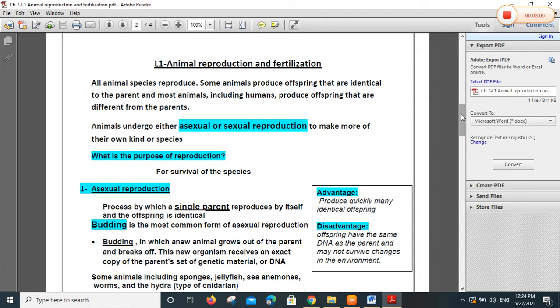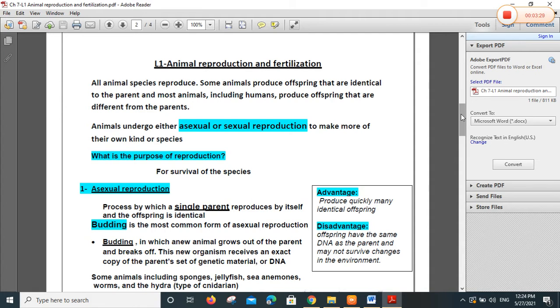It acts as a new offspring or a new organism that receives an exact copy of the parent's genetic material. The advantage of asexual reproduction is that it happens quickly, producing many identical offspring quickly.